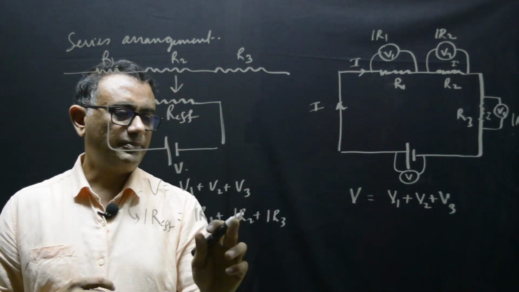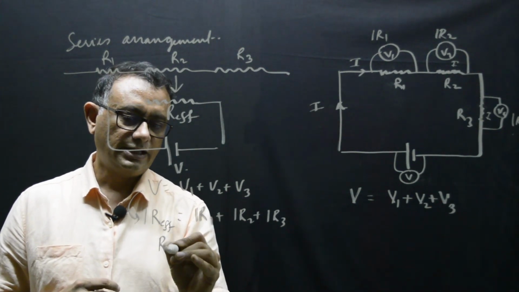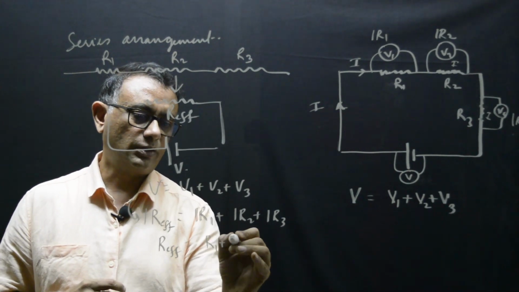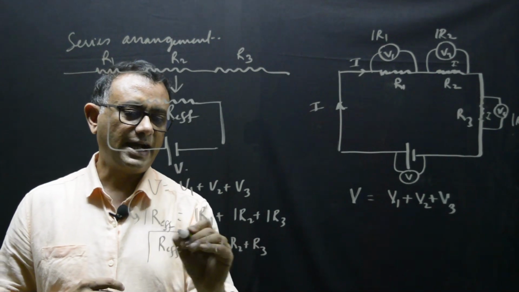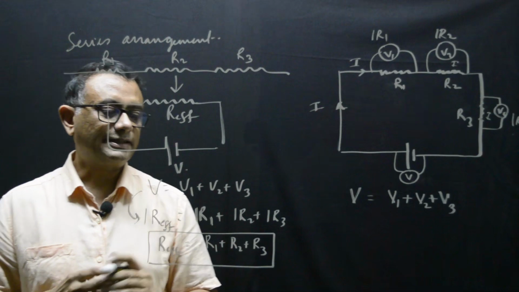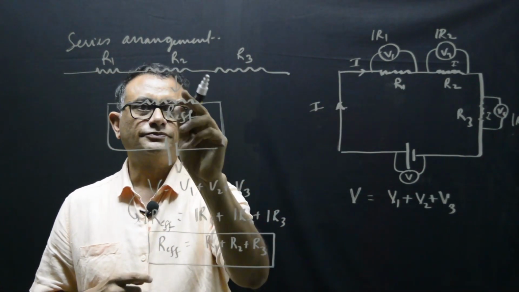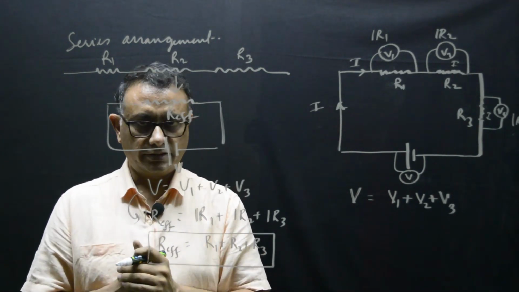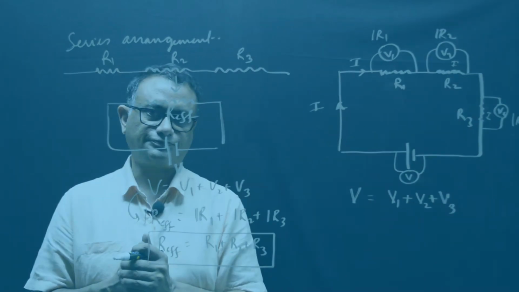I is remaining the same, so we can take I common and knock it off and get the equation R effective is equal to R1 plus R2 plus R3. So this is a very handy formula for handling resistances which are connected in series. We could quickly collapse them and have a simplified version of the circuit and go ahead computing the current or the voltage drop across the various points.